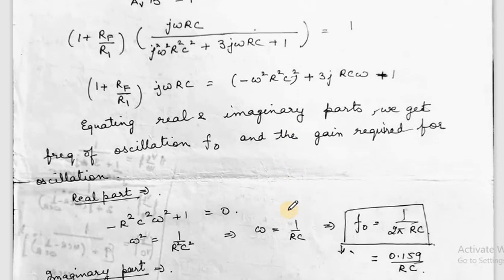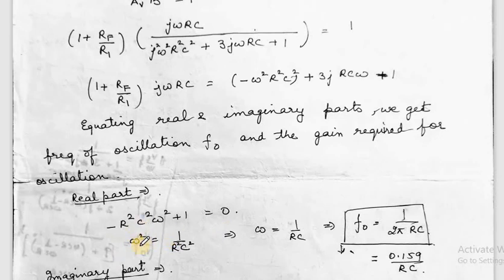First of all, I'll equate the real parts, the coefficients of the real part on both sides. Here everything is multiplied by j, so there is no real part, so this will be 0. From here you can see 1 minus omega square r square c square is the real part, so I have written this.